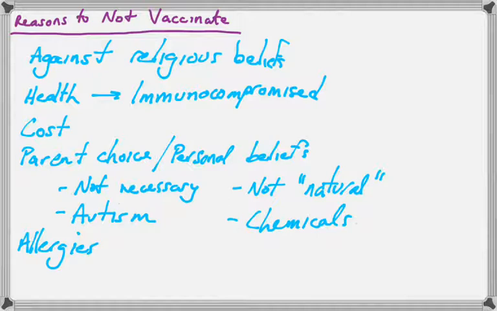I liken this to a political conversation a little bit, so bear with me for a minute here. We have Democrats, we have Republicans, and we have a big group in the middle that can be persuaded in any given year based on the candidate. We have independents. There's arguments that those are the individuals that we should be trying to persuade, not those who are definitely against vaccination and not those who are pro-vaccination.